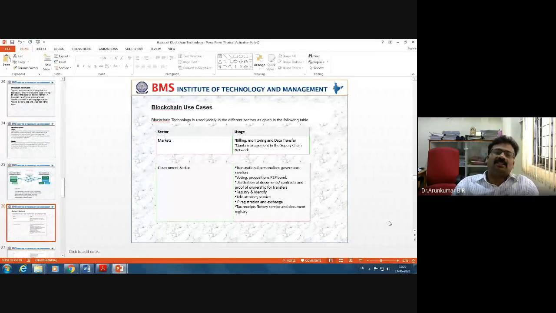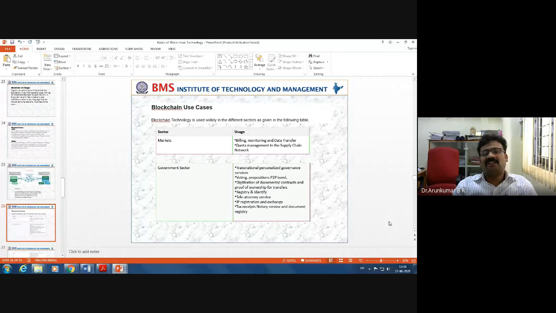Blockchain use cases. Some of you were asking for examples of the blockchain. A lot of examples are available. Blockchain technology is used widely in different sectors, in markets, for billing information, for monitoring and data transfer, right? In supply chain management, blockchain is used.